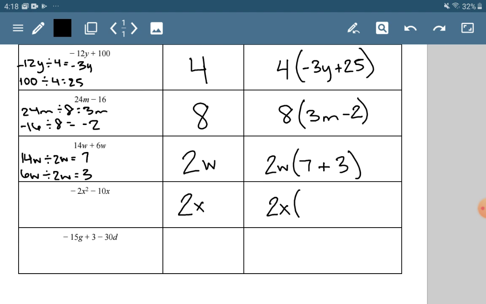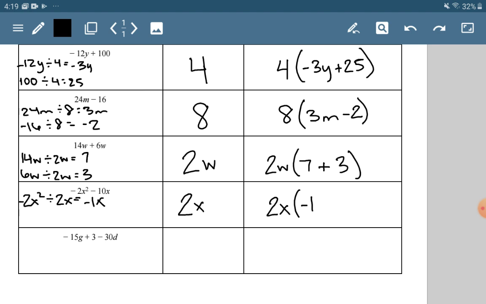And then I'm going to actually divide. So I have a negative 2x squared divided by 2x. Well, negative 2 divided by positive 2 gives me negative 1. And x squared divided by x: basically, if I have x squared divided by x, I'm going to take one of the x's away, which means I only have 1 left over.